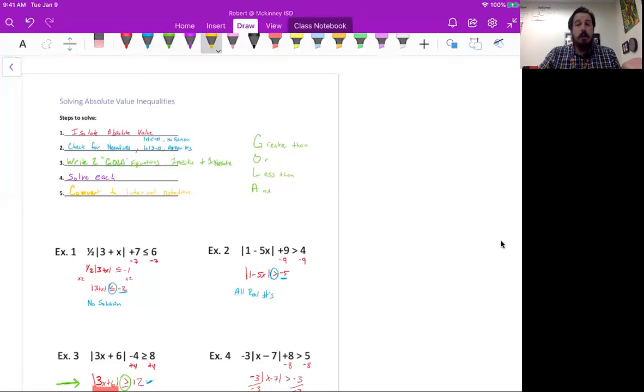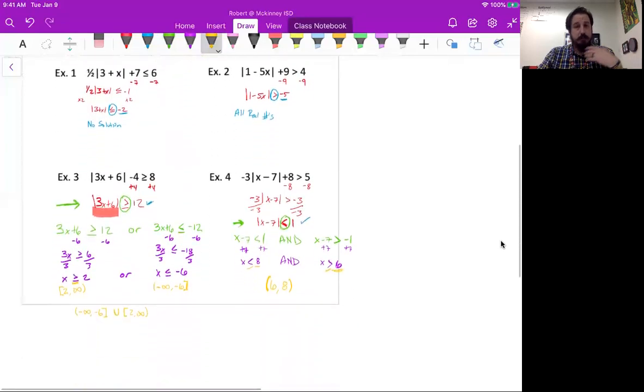Our last one, when we are changing it into interval notation, if it was or, you will have two separate ones separated by the union. If it was and, it is all together as one.